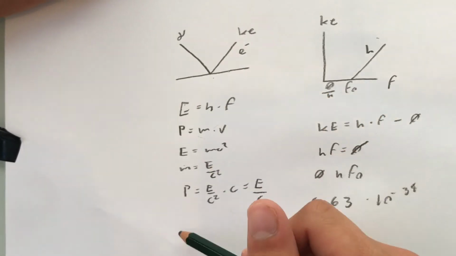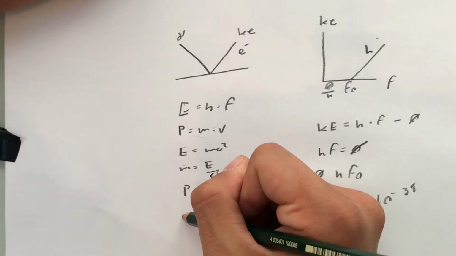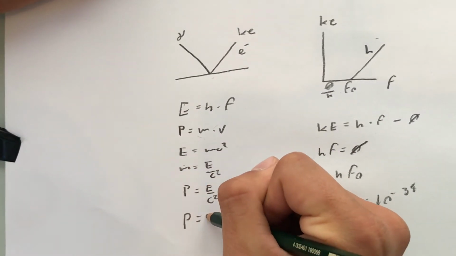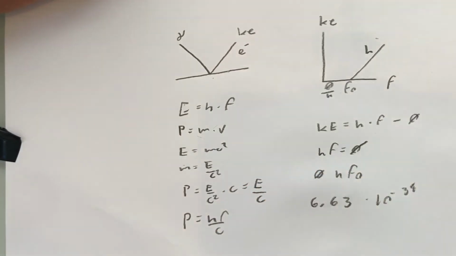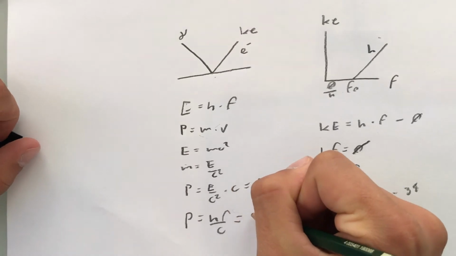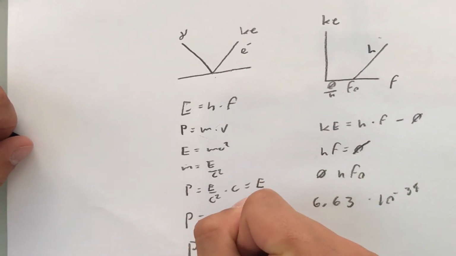And we know that the energy for a photon is hf. So now you can derive this even further and say P equals hf divided by c, which of course equals h over lambda. So you know that P equals h over lambda.